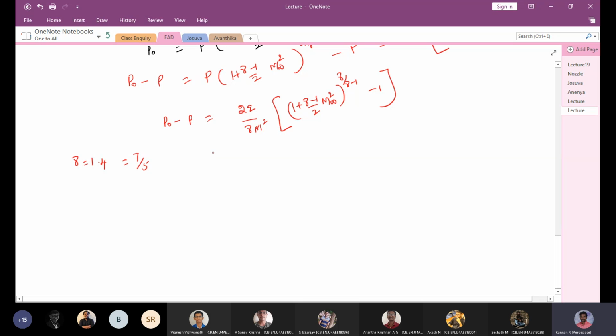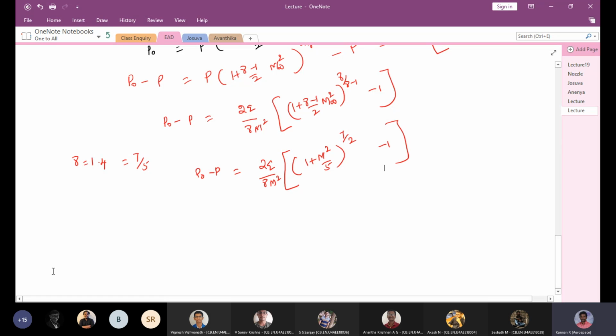If you substitute it here, P naught minus P is equal to 2Q by gamma M square, and I'm going to get 1 plus M square by 5 to the power of 7 by 2, minus 1.